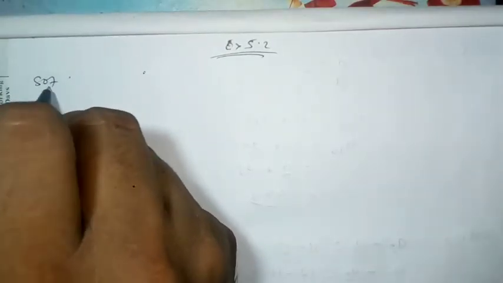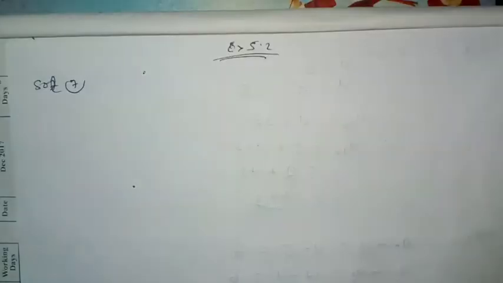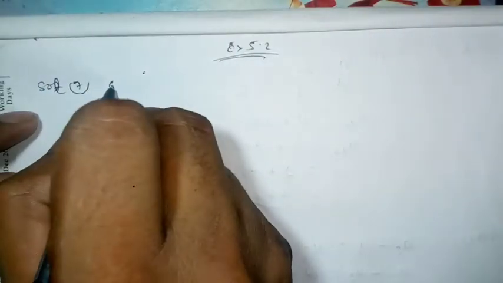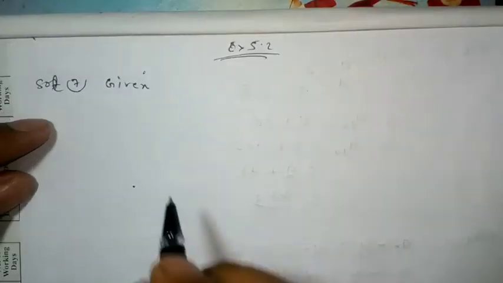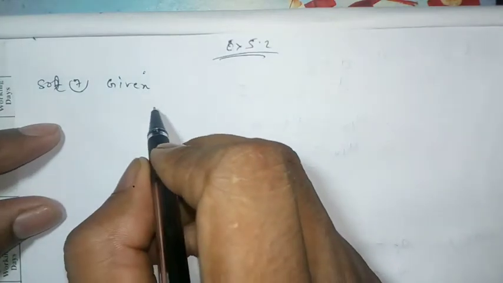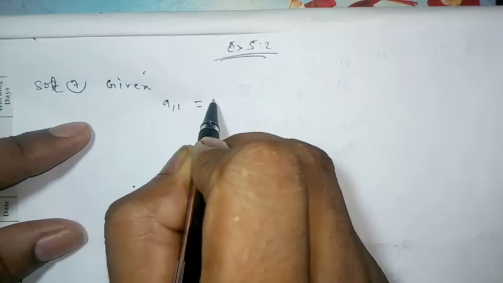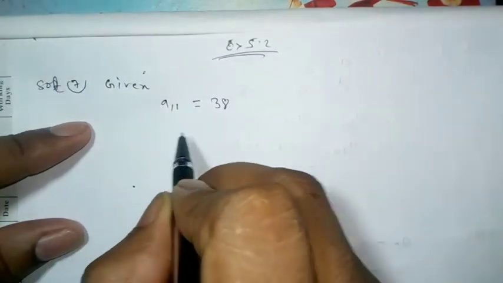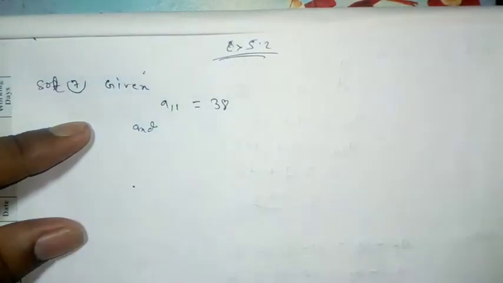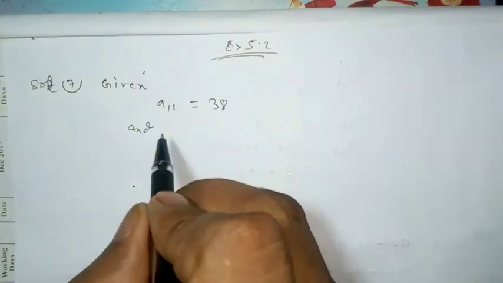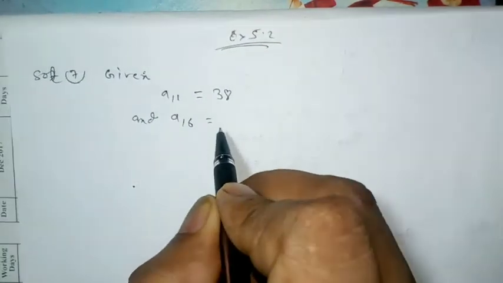Solution 7. Given the 11th term A11 is equal to 38 and A16 is equal to 73.